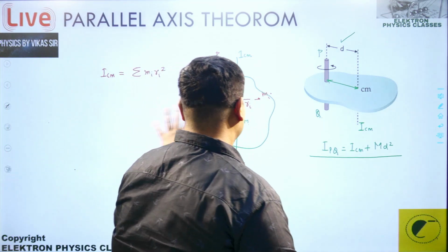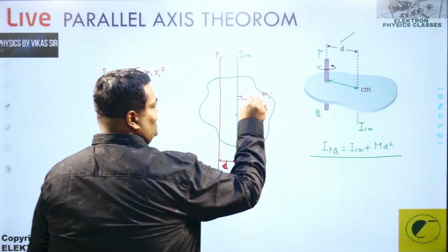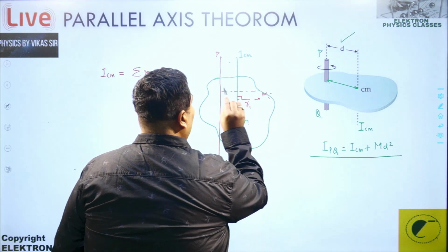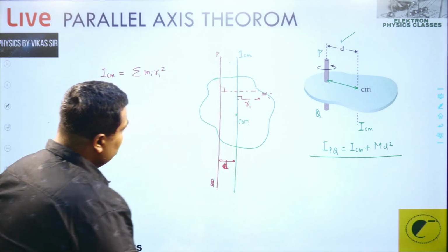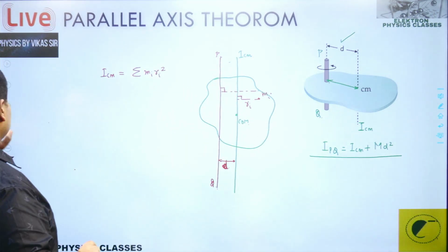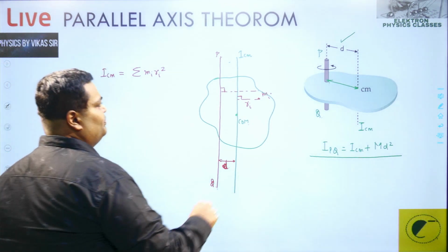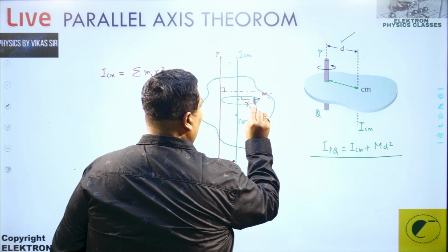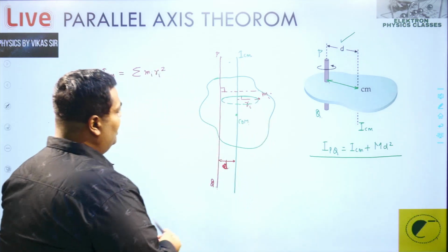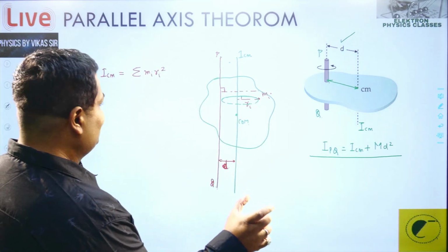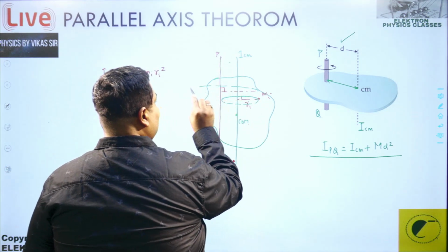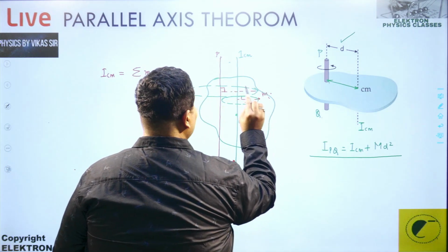Simple. Then, the same particle has a different distance from the PQ axis. The logic is too simple. The logic is that this particle is going to be rotating or moving in this circle about this axis, whose radius is ri. While about this axis, it will have a larger radius, like this.